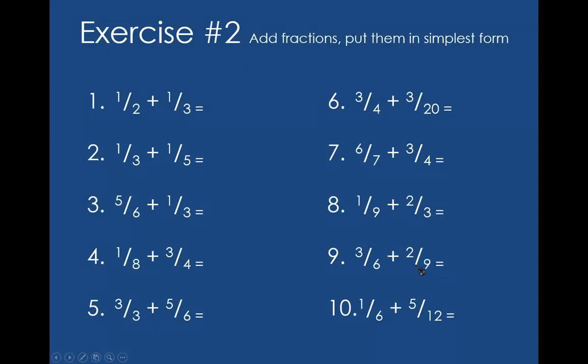Now, let's go with exercises number 2. Add fractions, then put them in simplest form. Only adding is asked. 1/2 plus 1/3. So, what is the answer? 5 over 6. Next, 1/3 plus 1/5. Let's try to answer it. I'll give you 30 seconds.